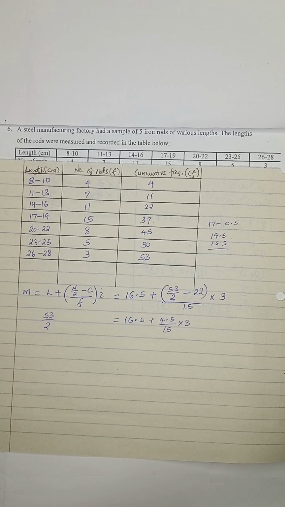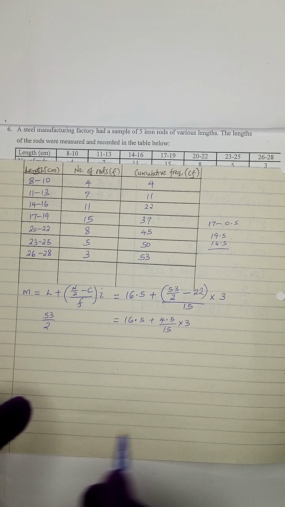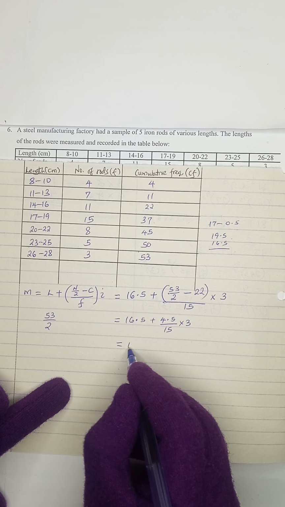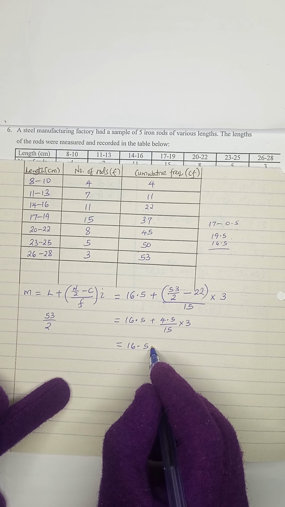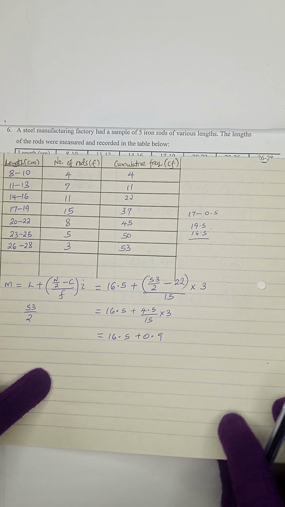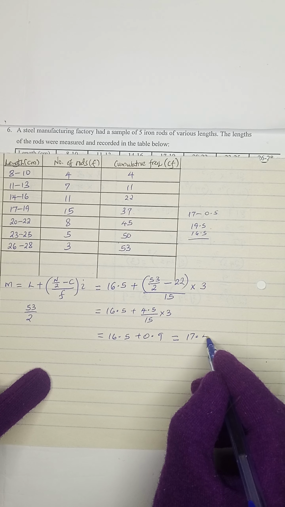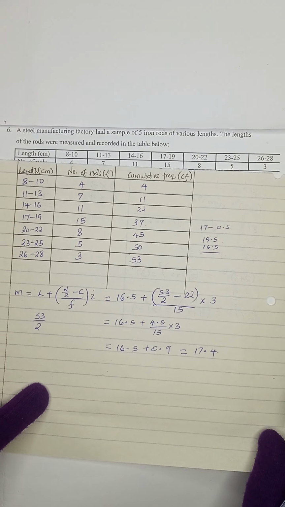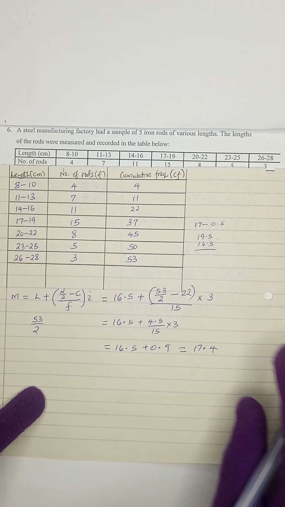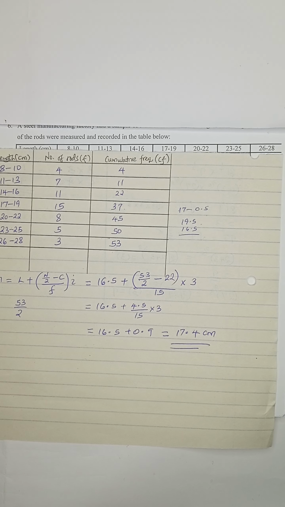So take your 4.5, then divide by 15, then multiply by 3. We'll get 16.5, then plus 0.9. This part gives us 0.9. Now when you add the two, we'll be able to get 17.4. Remember, the question gave us the length in centimeters, so the median length is 17.4 centimeters.